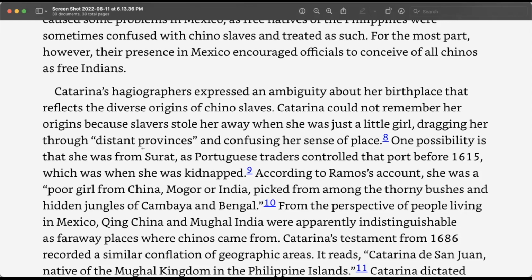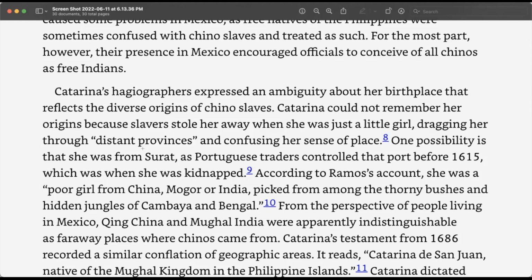All right, they're talking about India. From the perspective of people living in Mexico, King China and Mungal India were apparently indistinguishable as faraway places where Chinos came from. So to Mexicans, it was all the same, from China to India to Vietnam, to them it was all Chinos. Philippines, Papua New Guineans, to them they were all just Chinos.